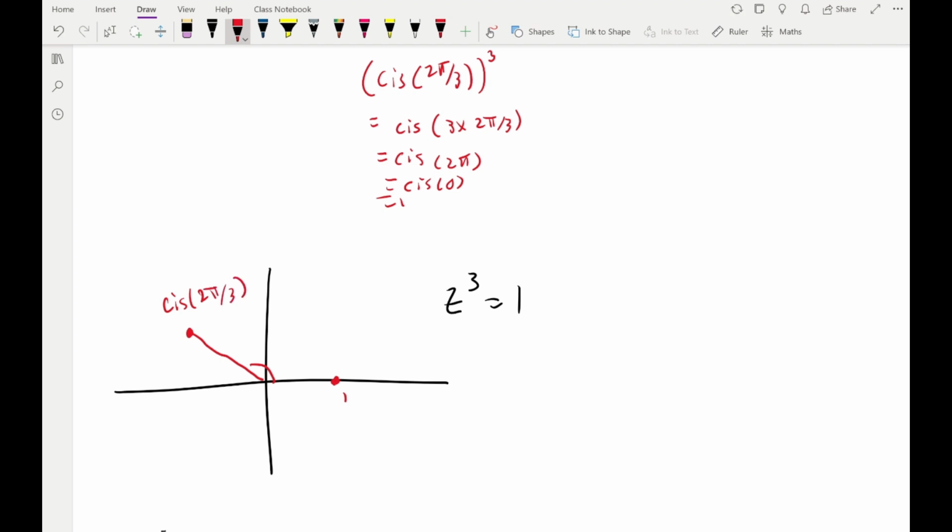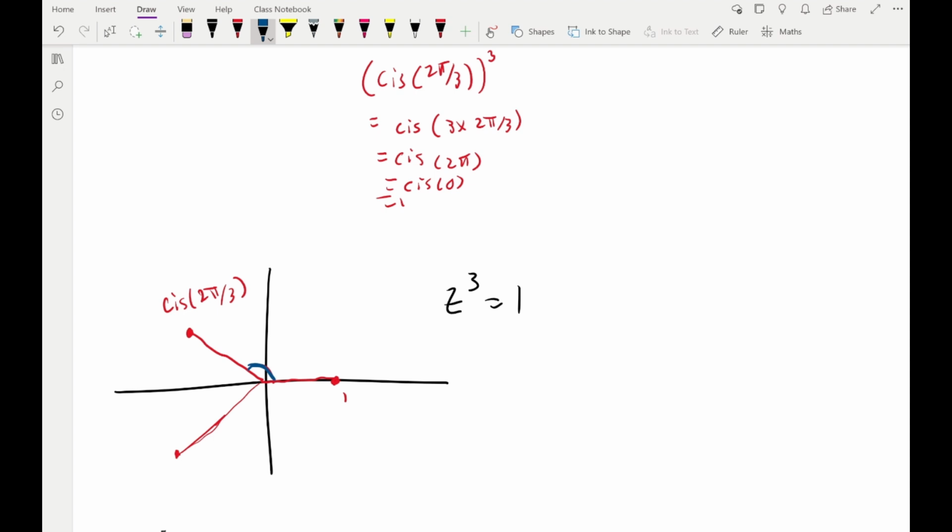And then down here is cis of minus 2 pi over 3. If I take this angle here and triple it, I would get back to 1. Same as if I take the clockwise angle here and triple it, I would get back to 1. Those are our 3 roots of 1.